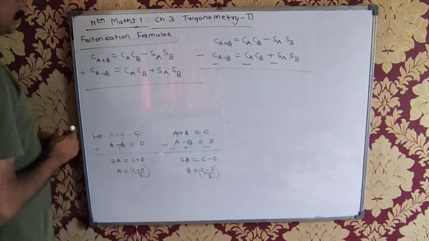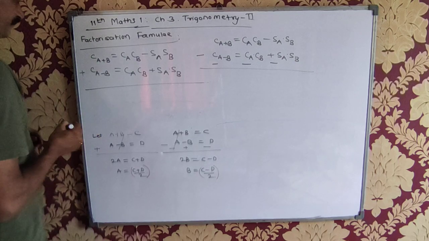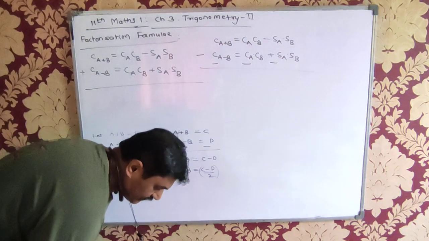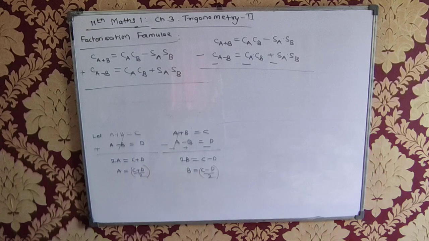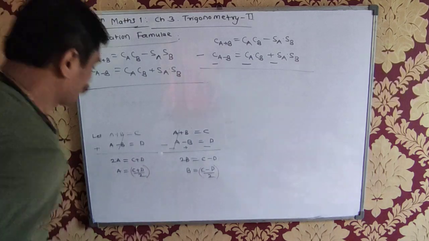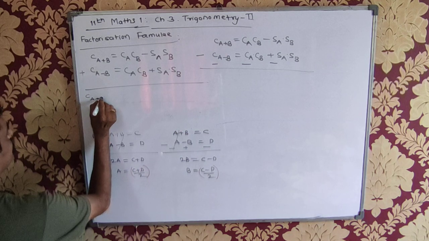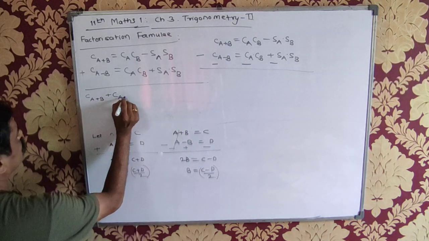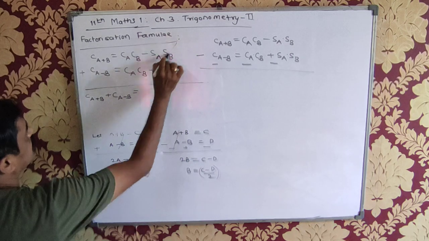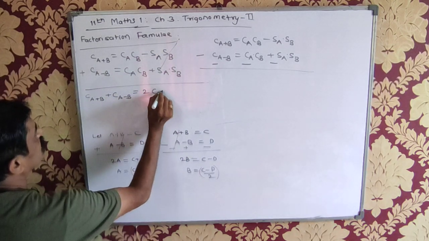So when I add them, this will become what? Cos a plus b plus cos a minus b is equal to 2 cos a cos b.